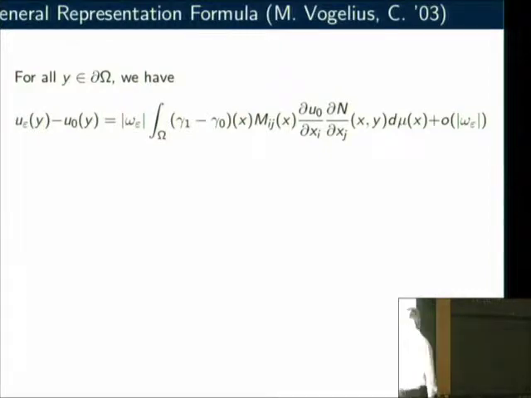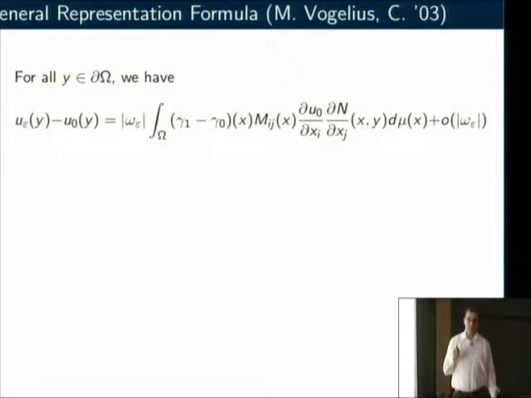It depends on the difference of conductivities located on the support of the inhomogeneities, where my field u0 is twisted by my matrix M. Is there anything in this formula except for u0 and u epsilon which depends on phi? No, just u0.